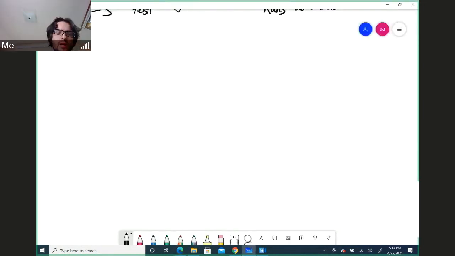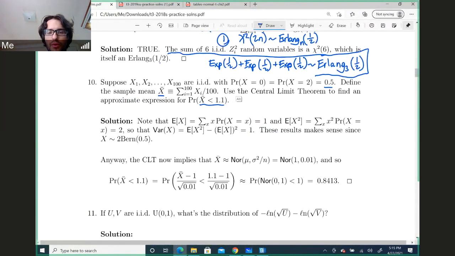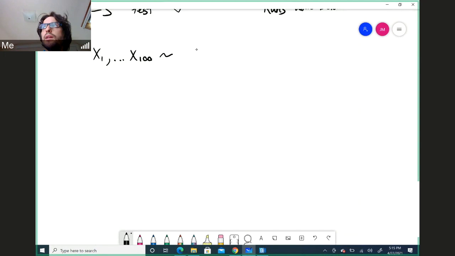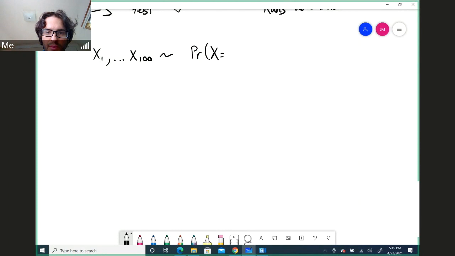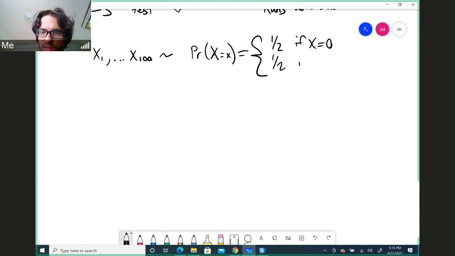So recall that we have x1 through x100, and these are each distributed according to this rule, where the probability that x equals x is 1/2 if x is equal to 0 and 1/2 if x equals 2.